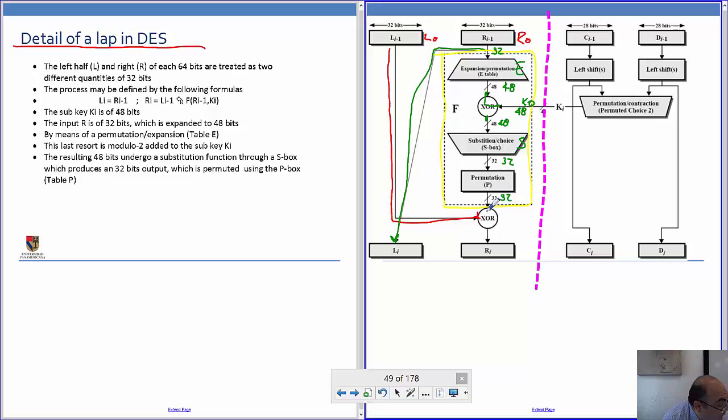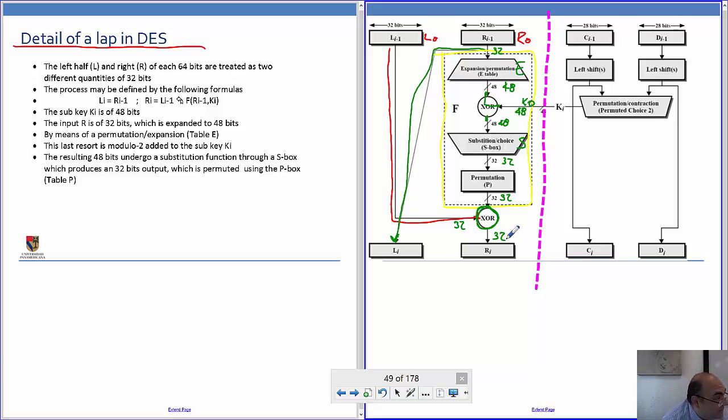And this output, the end of the DES function, will be the input of this last XOR from the Feistel structure, from the Feistel framework. And we have 32 bits here, 32 bits here. The output is 32 bits here. This is just one round. We will have to do this 16 times.